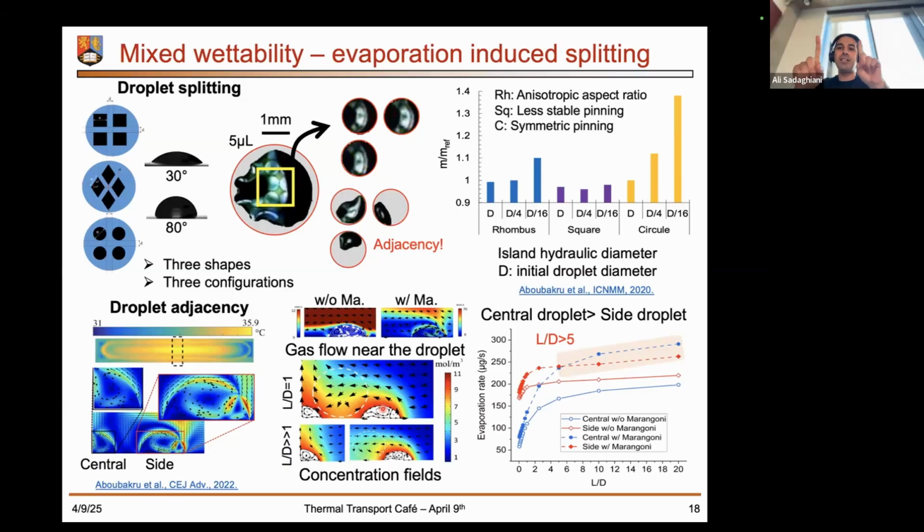We have the difference between the assumed velocity of the vapor and the one calculated based on the evaporation rate.